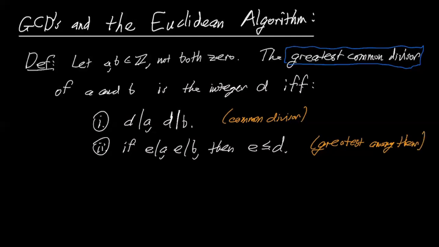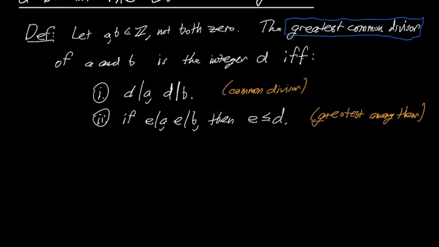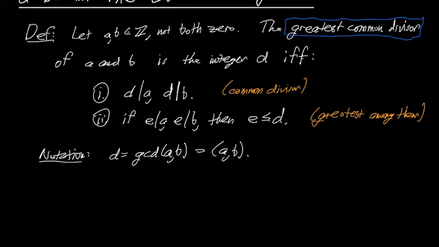By the way, notation for this, well, you can just say GCD A comma B, but what people tend to do is drop the GCD and just write parentheses A comma B, which could be annoying if you're also doing stuff in the Cartesian plane because it looks like a point, or it looks like the interval from A to B or something like that.